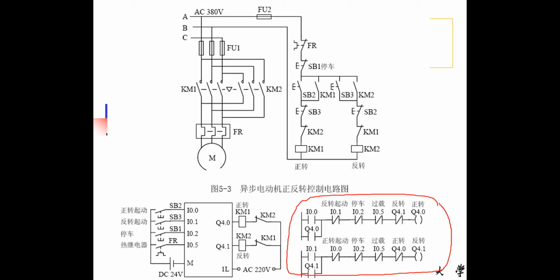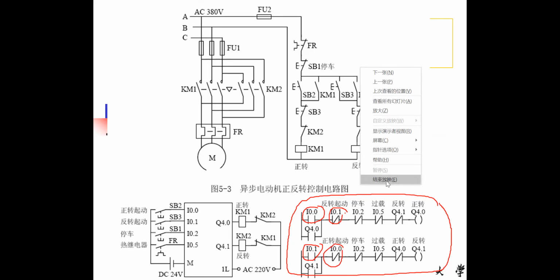This is a button to control the motor's forward running, and this is the start button for the motor to run in reverse, and this is a stop button.